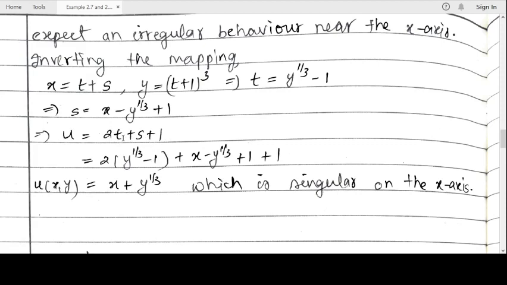We substitute for t and s, and if you simplify it, we get u equal to x plus y to the power 1 by 3. Again 1 by 3 is there, and this is singular on the x-axis. There is no problem if we neglect the x-axis. In the neighborhood of the x-axis there is a problem, otherwise there is no problem and it will have a unique solution.